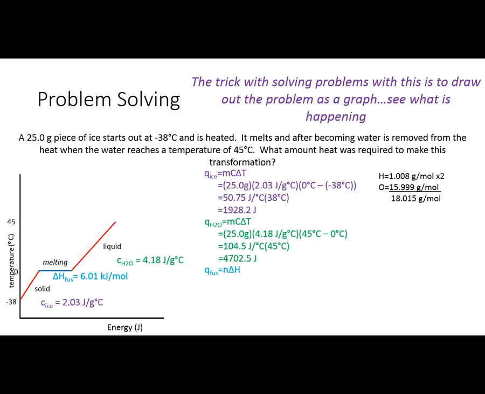Okay. 2 hydrogens and 1 oxygen makes water, so it has a molecular weight of 18.015 grams per mole. And I can take this and plug it into an equation and solve for the moles. I take the grams of water divided by the molecular weight of water, and I get 1.387732445 moles. Notice how I'm not rounding yet because we don't round until the very, very end.